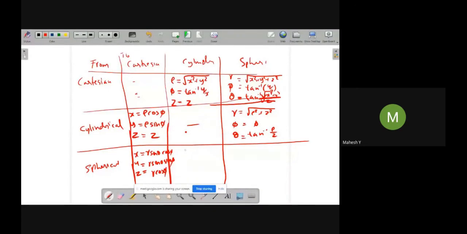Here cylindrical rho is equal to r sin theta. Phi remains same. Z is equal to r cos theta. And spherical to spherical, there is no conversion. So just note down this table in your notebook. This is very important.